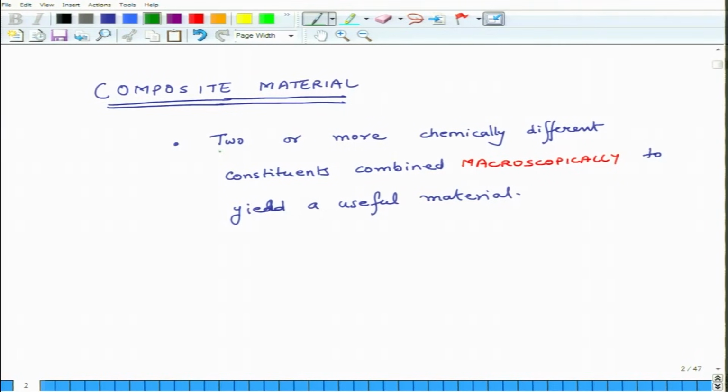So, the important things are: two or more, this is number one. The second thing is they should be chemically different constituents, and the third thing is they should be combined at a macroscopic level. Okay. So, let us look at some examples.